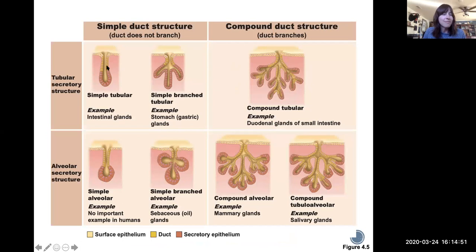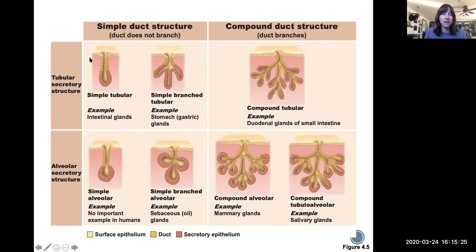I'm not worried about the rest of these types. Just know that they can be simple, as in one little secretory section and one duct, versus branched, which is multiple secretory structures and at least one duct. I guess they all are going to lead to one single duct on the surface of whatever it is that they're secreting or excreting onto, right?